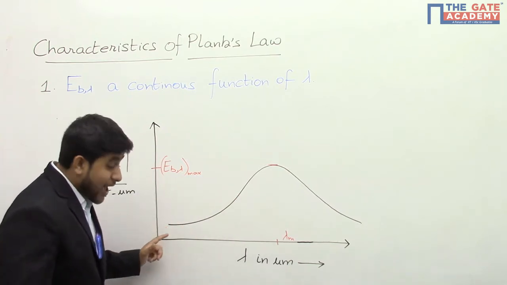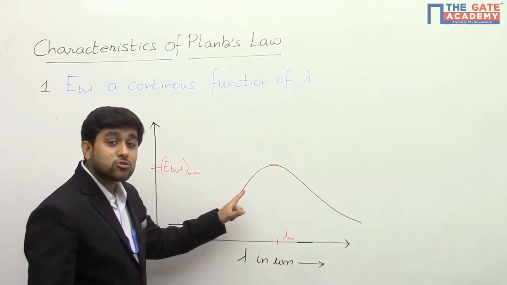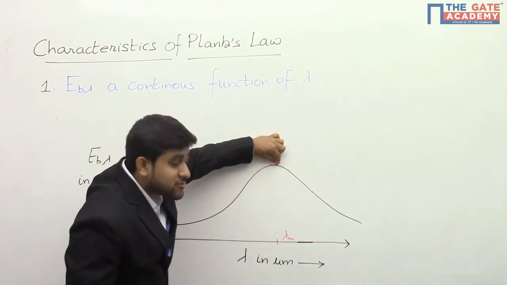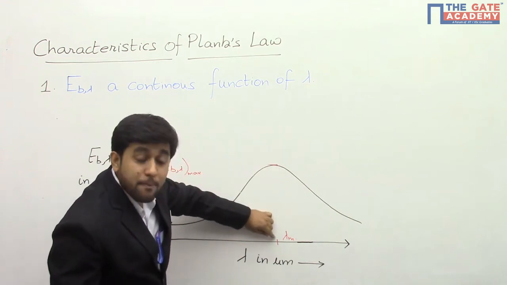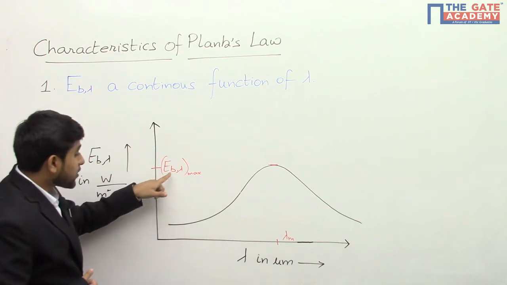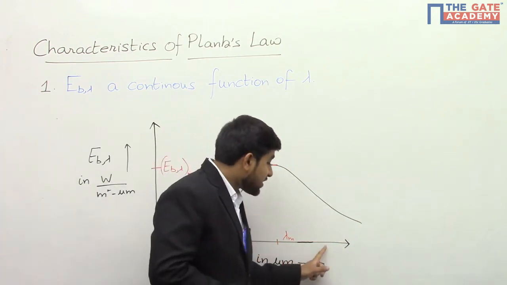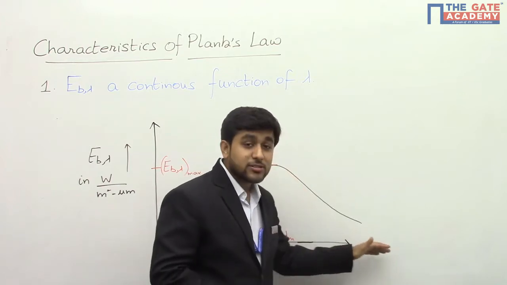Now, as the value of lambda increases, initially Eb comma lambda also increases. It achieves a maximum corresponding to a particular wavelength. Let us call this wavelength lambda m and the corresponding power Eb comma lambda max. And then as lambda increases, it again decreases to a minimum.